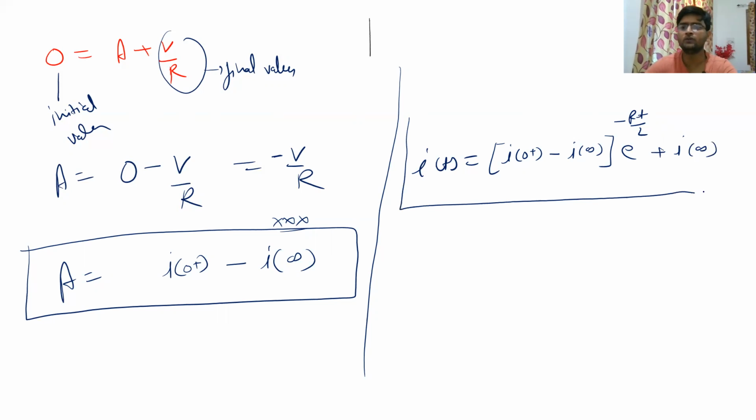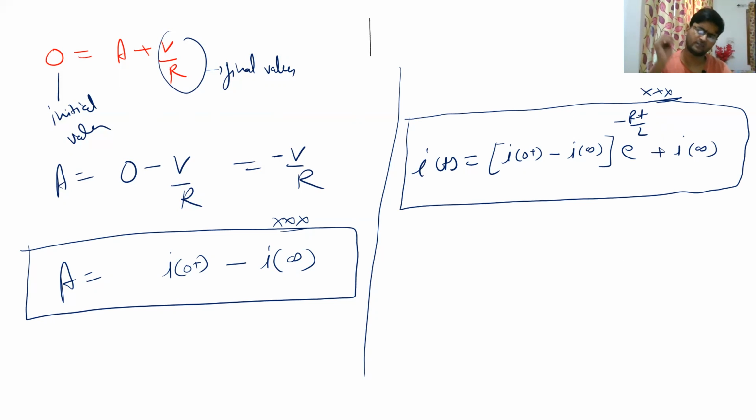So this is going to be your standard equation or standard format for solving any kind of circuit in this particular transient analysis. So even if it is an RL circuit or it is an RC circuit, you are going to find a similar equation. So here in the case of RL circuit, you are getting it for current. In the RC circuit, you will be getting it for voltage, and similar equations will be followed.